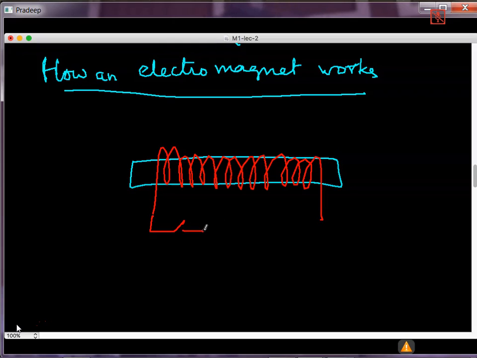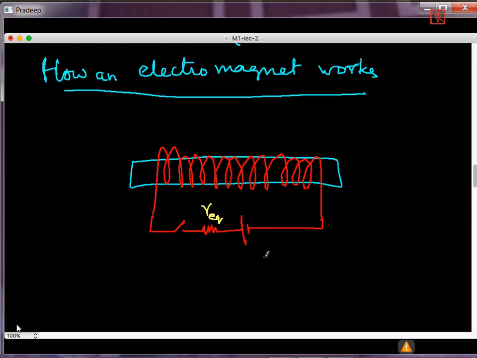This particular switch, which I close, there will be some electrical resistance for this coil. That equivalent resistance I am writing here as Req, and some voltage I'll apply.